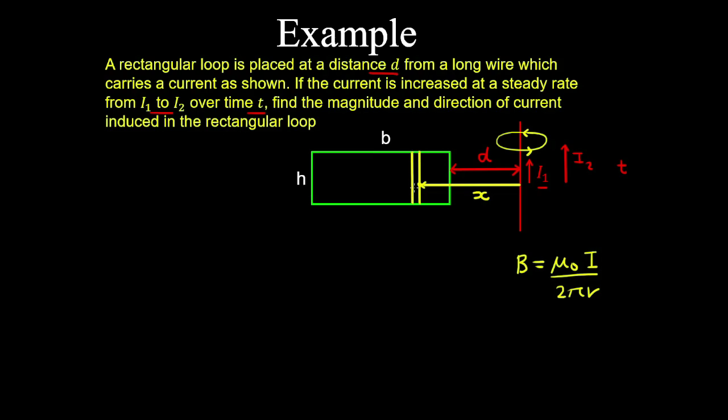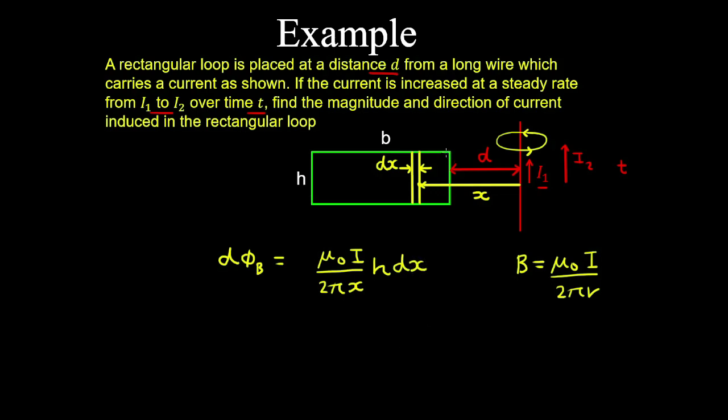So if we cut out an element of width dx from the area of this rectangular loop, then we can find the magnetic flux acting on this element. So the differential magnetic flux acting on that element of area is equal to the magnetic field being mu naught I on 2 pi x, multiplied by the area of that differential element, which is the height of the loop times dx.